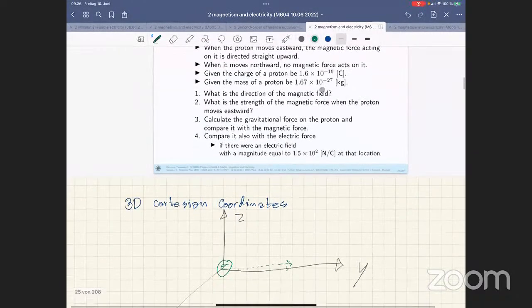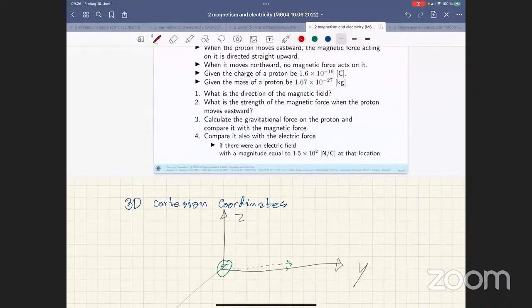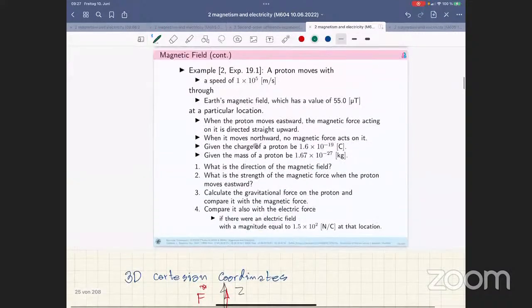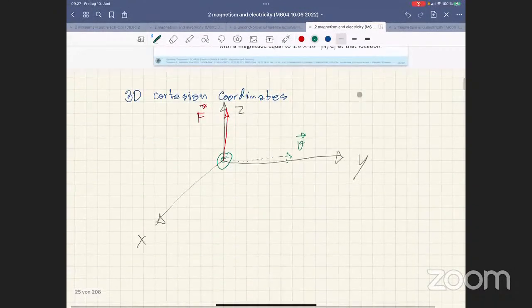It means the force points in the positive z-axis. This is the F direction, and here is the V direction. So when it moves northward, no magnetic force acts on it. This is the first scenario.